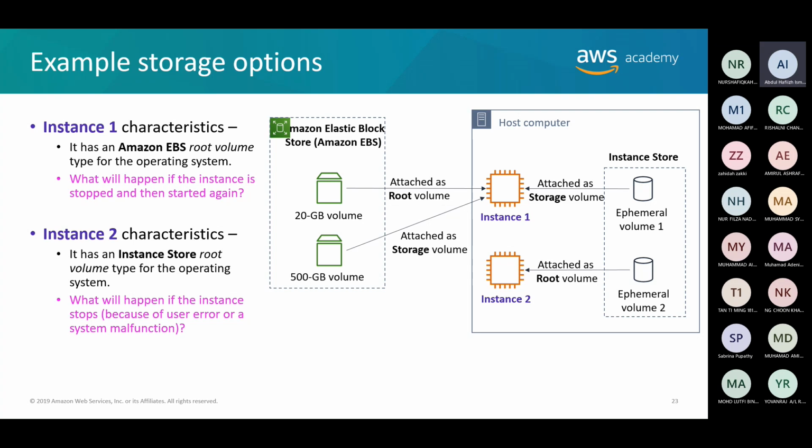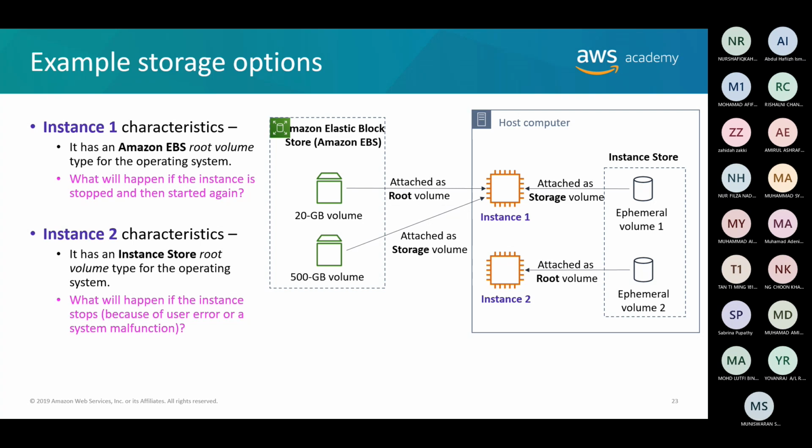And this instance also has two attached volumes. So one volume is 500 gigabit storage volume and the other volume is an instance store volume. So yang ni yang instance store volume, dan yang ni sebagai storage volume. If this instance was stopped, then started again, then the OS would survive.